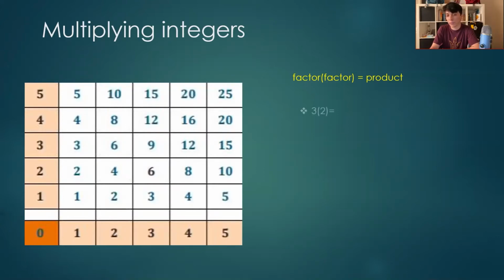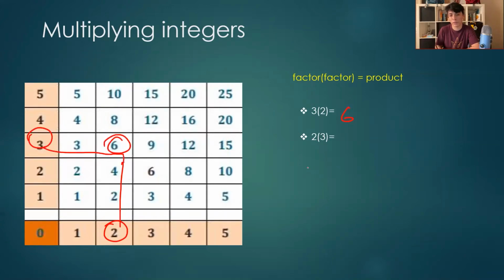So let's look at an example. So 3 times 2, we start at 3, and we go to 2. And we see where they cross. And they cross at 6. Let's look at another example. 2 and 3. And let's see where they cross.